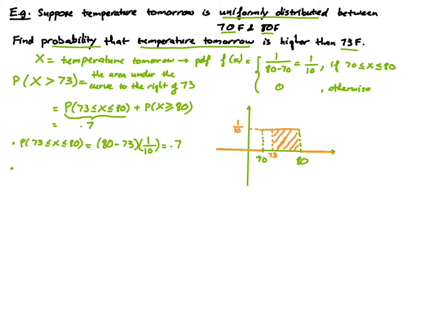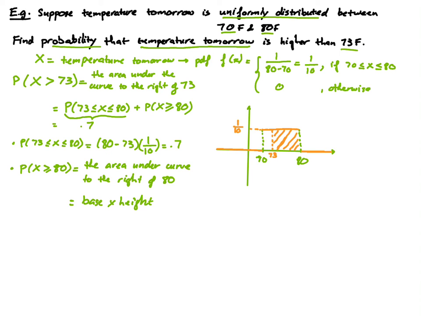Now let's look at the probability that x is greater than or equal to 80. Now this is the area under the curve, right, to the right of 80, which is going to be equal to the base times the height, right?